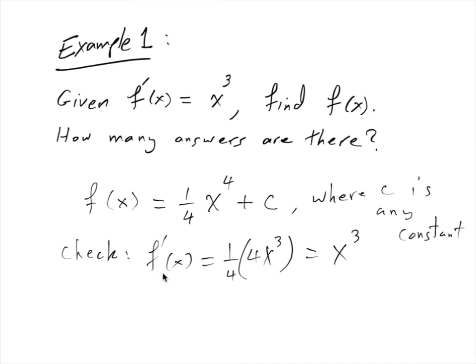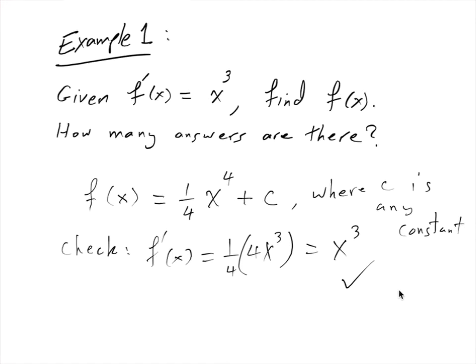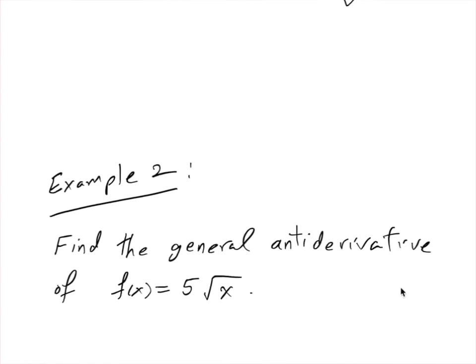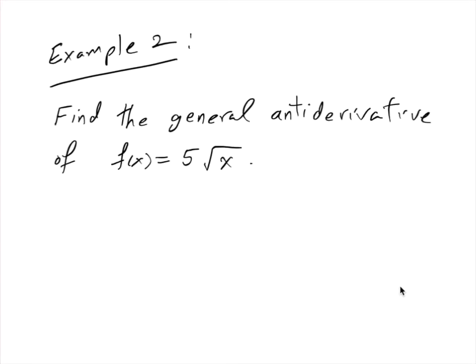And we just checked the derivative of this is equal to x cubed, and that checks. So let's try another example. Here we want to find the most general antiderivative of this function.